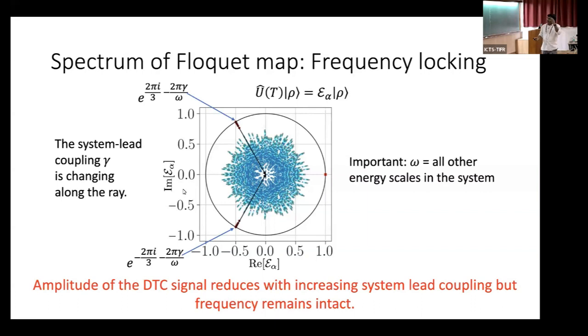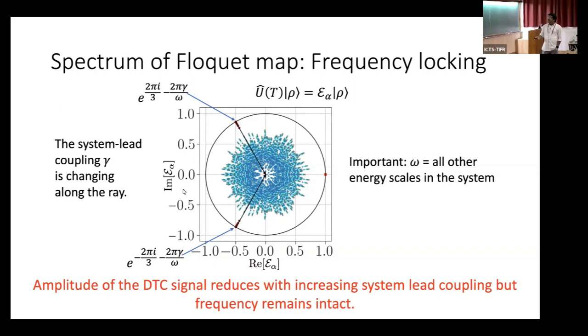Importantly, we have omega equal to all other energy scales of the system. So the role of the system lead coupling is to shift the eigenvalues along a ray. In this way, we can see that although the amplitude of the signal reduces with increasing system lead coupling, the frequency remains intact.